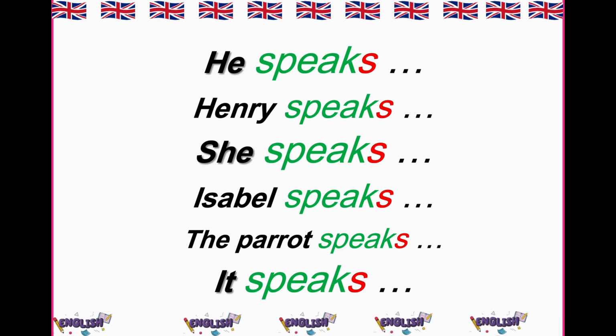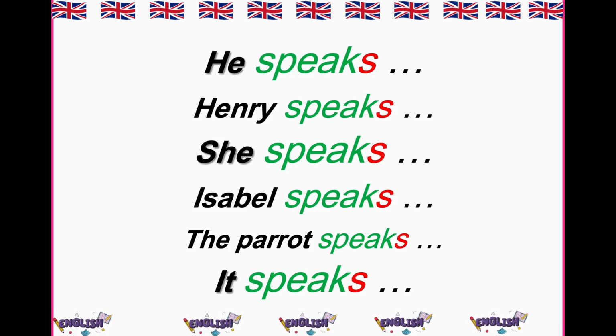So remember, in present simple, the verb with he, she, and it take an S. So the verb takes an S with he, she, and it, or a singular noun.